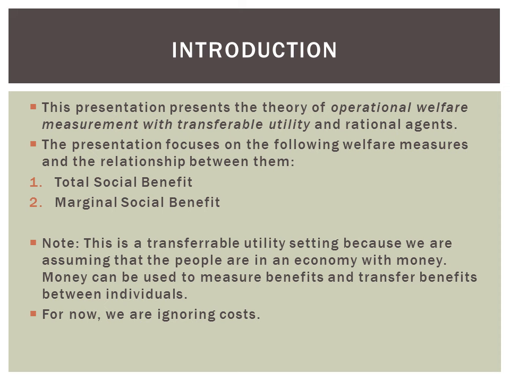In particular, we want to do a very quick focus on just two ideas and the relationship between them. We're going to be talking about total social benefit and marginal social benefit. A quick reminder, this counts as a transferable utility situation because we're dealing with people in an economy where there's money and we can measure the benefits in terms of money directly instead of in terms of their utility.